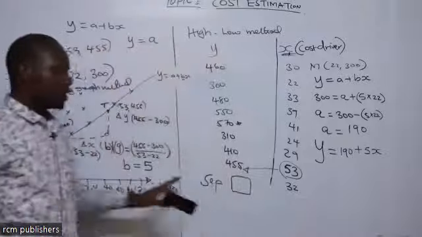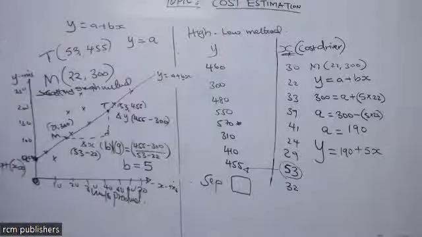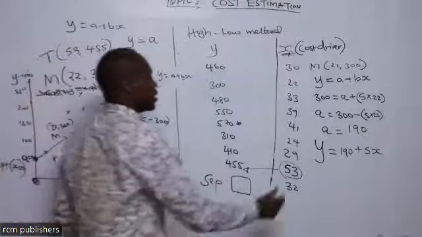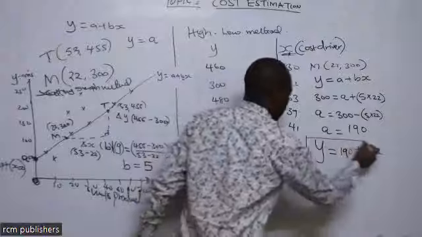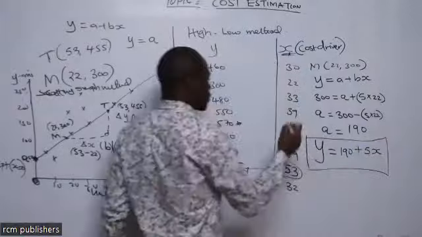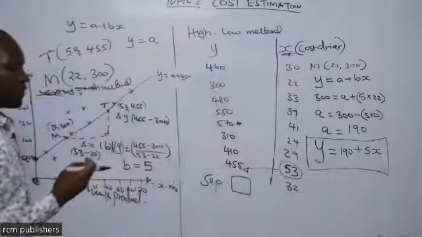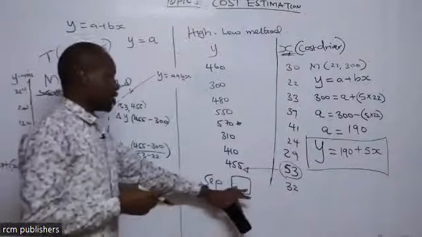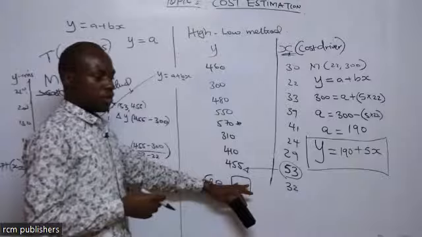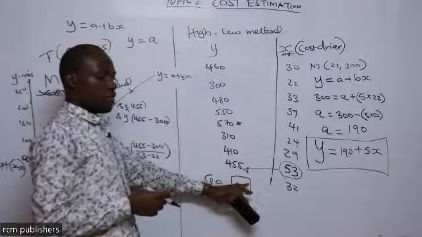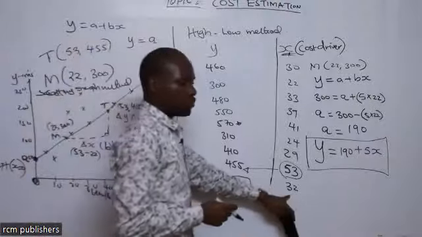Are you able to give these people the total production cost? Now that we've created the cost estimate function, are we able to use it to arrive at the total production cost? The only thing they have given us is the units produced.